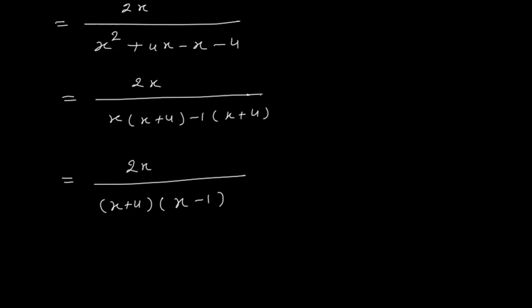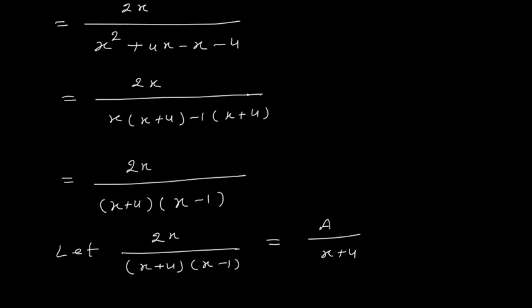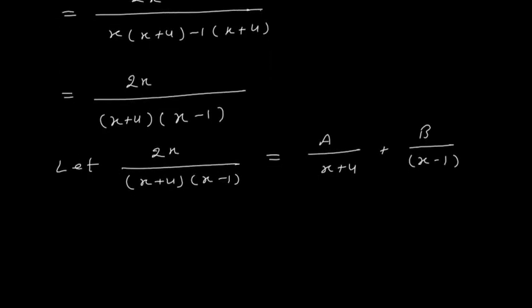Now this is of type 1, so I can express this as: let 2x divided by x plus 4 into x minus 1 be a upon x plus 4 plus b upon x minus 1. That is, there are two constants a and b for which 2x upon x plus 4 into x minus 1 will be equal to a upon x plus 4 plus b upon x minus 1.